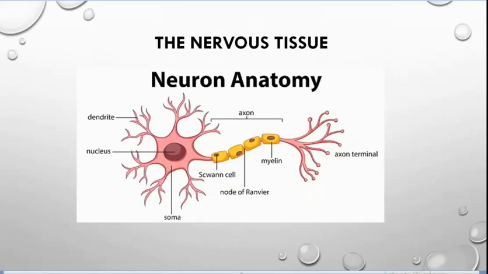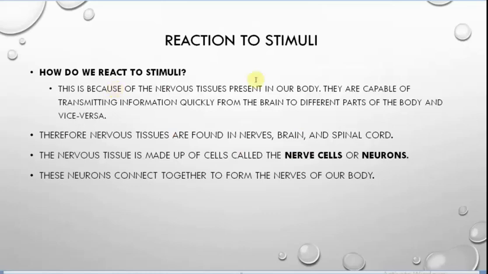So let us discuss this nervous tissue. Before that, let us see what a stimulus is. A stimulus is something like a sudden touch. How do we react to stimuli? This is because of the nervous tissues present in our body. They are capable of transmitting information quickly from the brain to different parts of the body and vice versa.